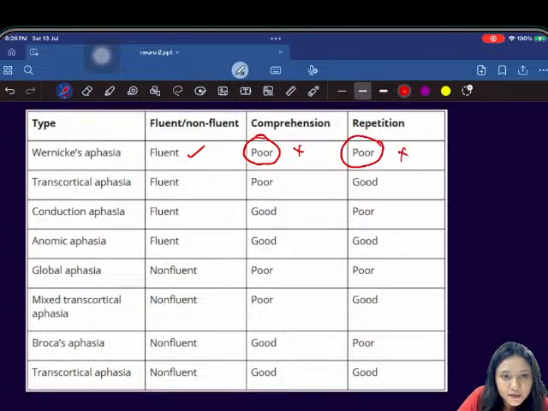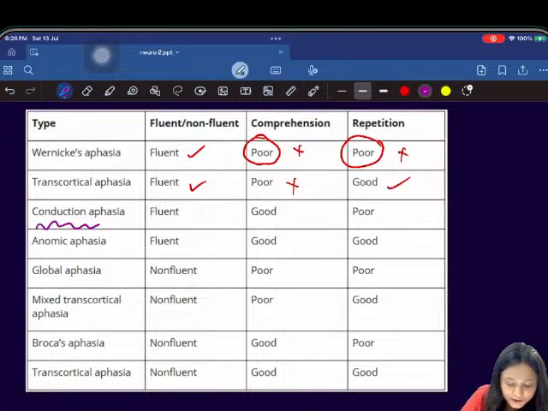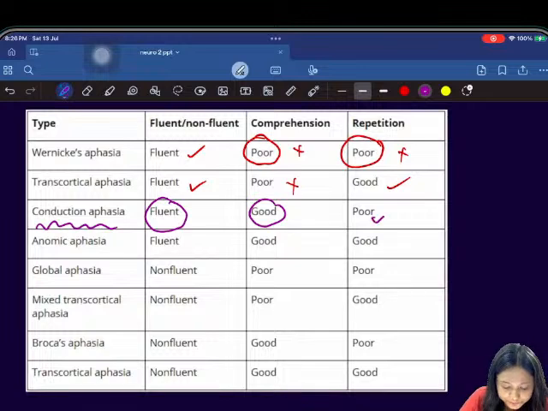Then there is the other type, transcortical, where there is fluency, comprehension is gone but repetition is there. In conduction aphasia, which is an option in the question, there is fluency, comprehension is good but repetition is gone.